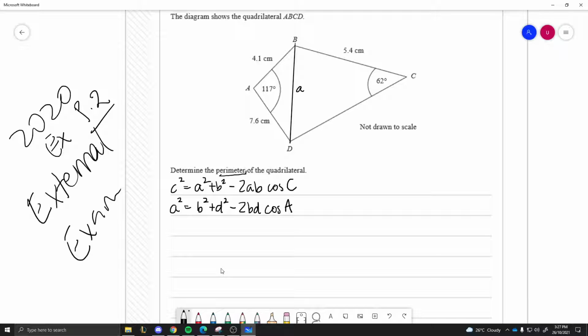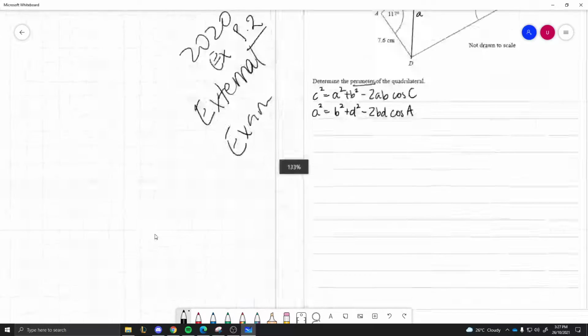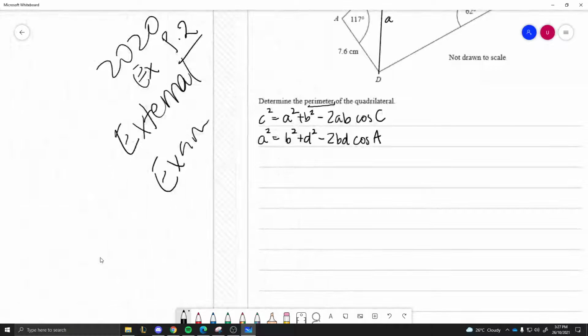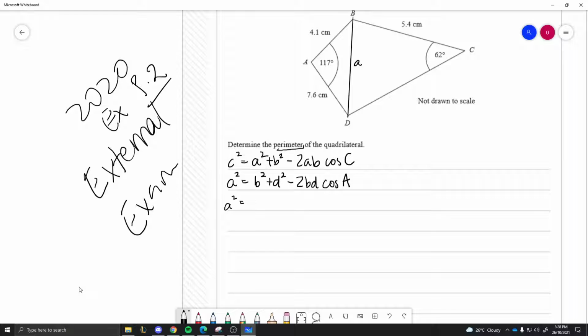We'll sub our values in properly, because usually exam questions request you to sub in values properly. So a squared equals 4.1 squared plus 7.6 squared minus 2 times 4.1 times 7.6 times cos 117 degrees.